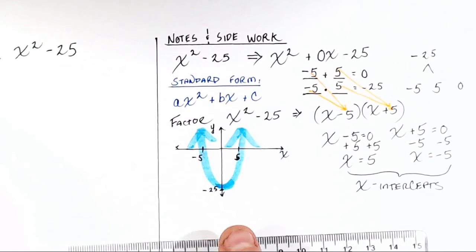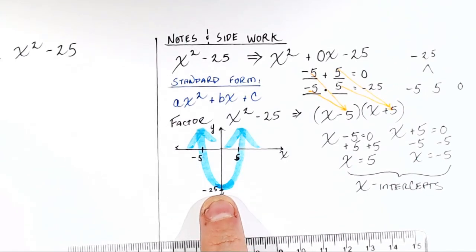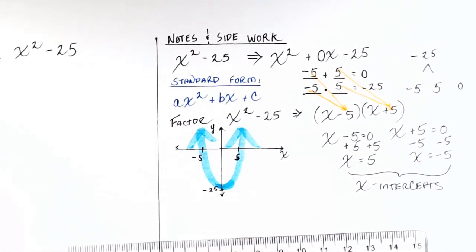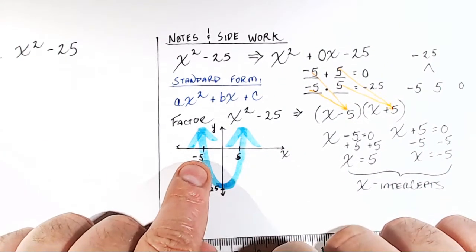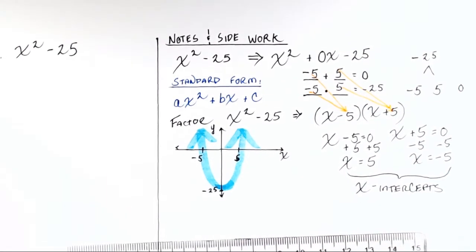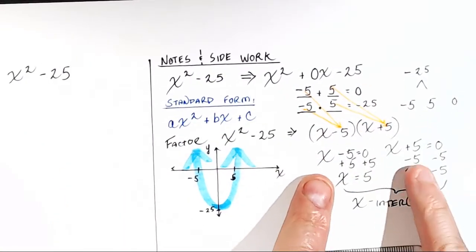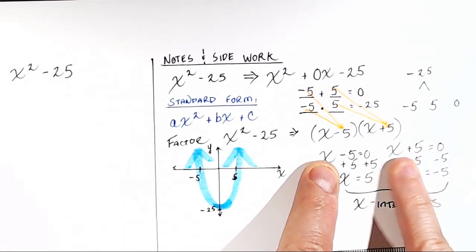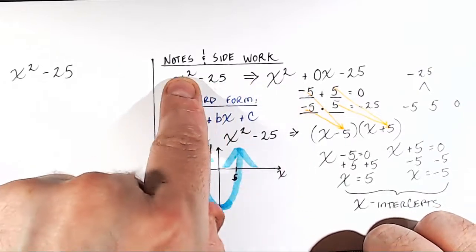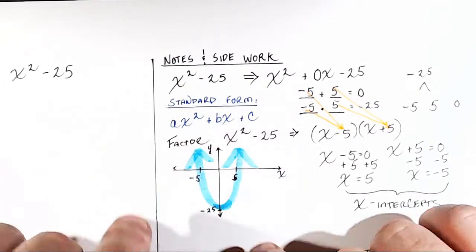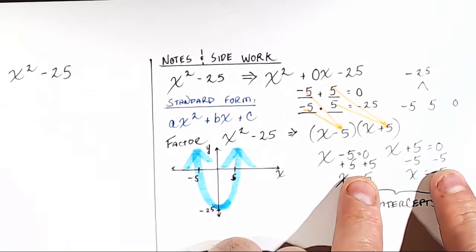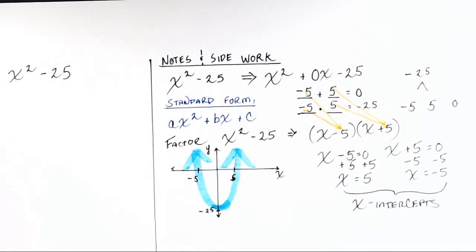Okay, so the y-intercept of the function is negative 25. But see, the zeros are negative 5 and positive 5. So when you're factoring, you're getting the factors that could be multiplied together to get the original expression, and those factors can easily be turned into zeros or the x-intercepts of the graph.